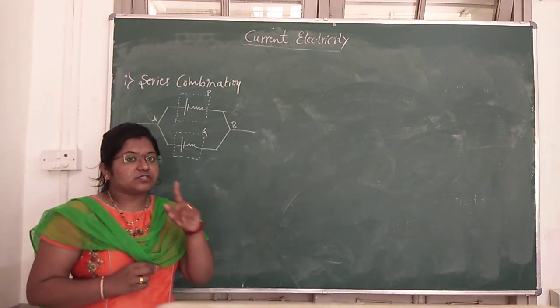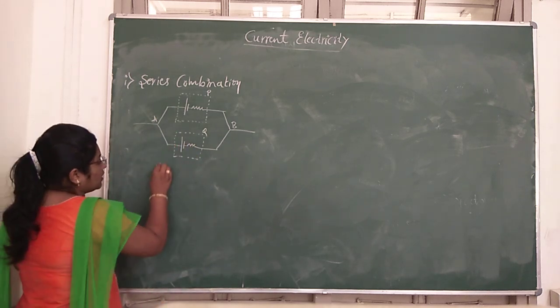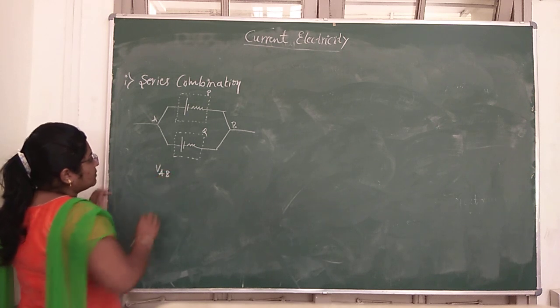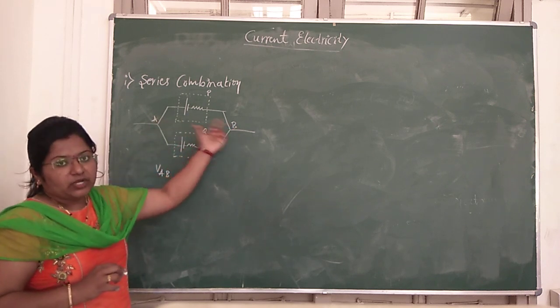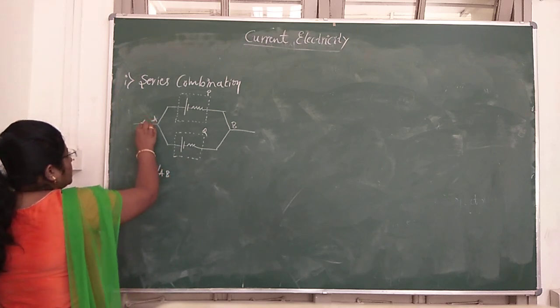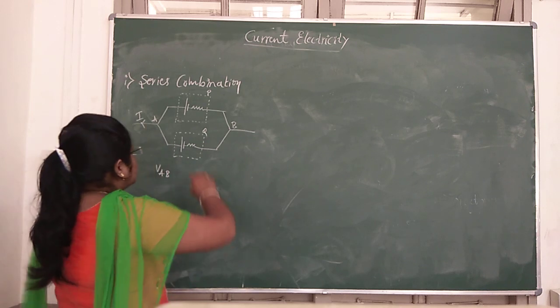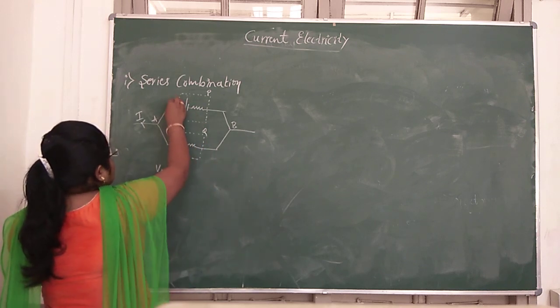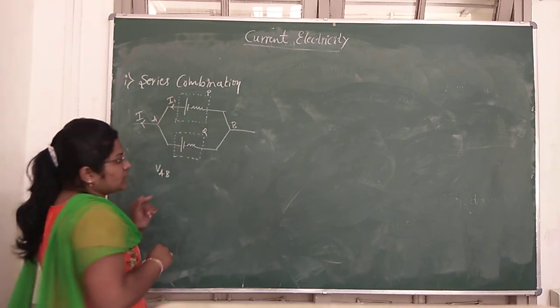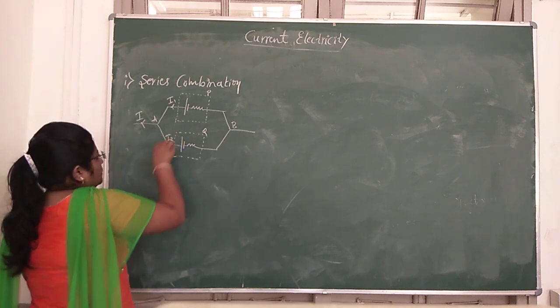Means potential difference is only one, that is VAB, because it is only between the points A and B. But the current is different. Here main current is I, but by this cell P the current sent is I1. By the cell Q the current sent is I2.